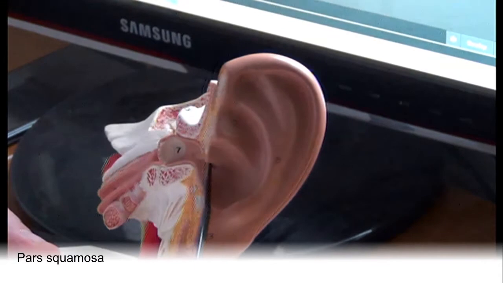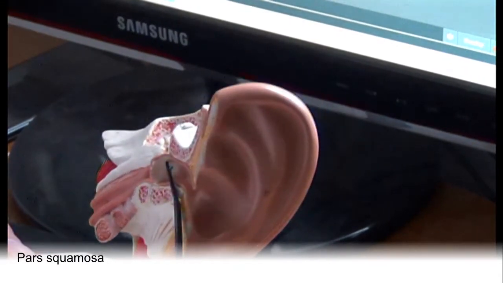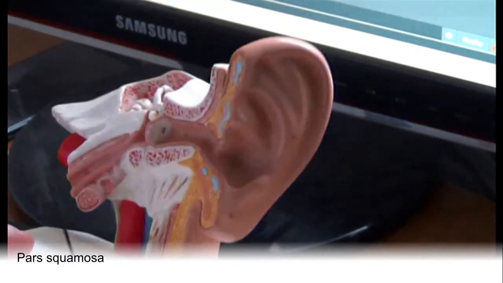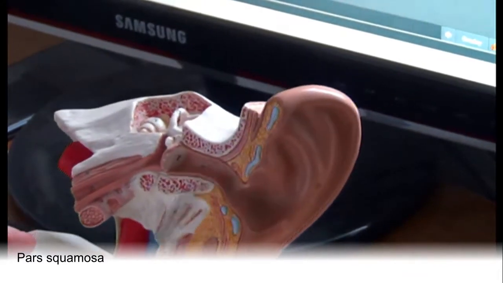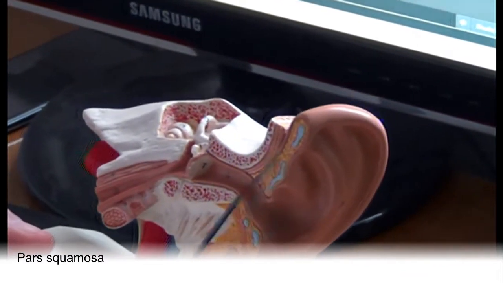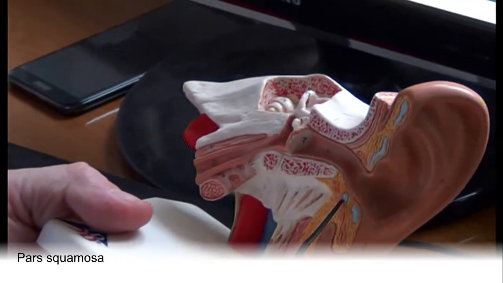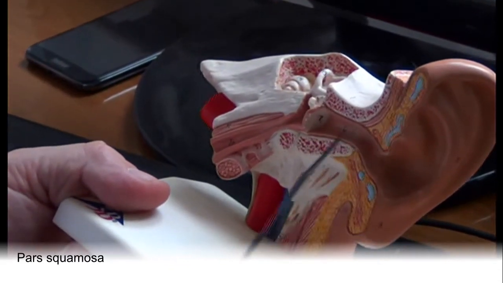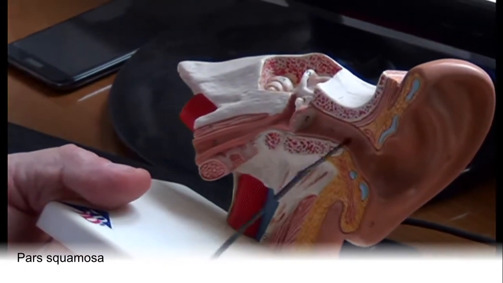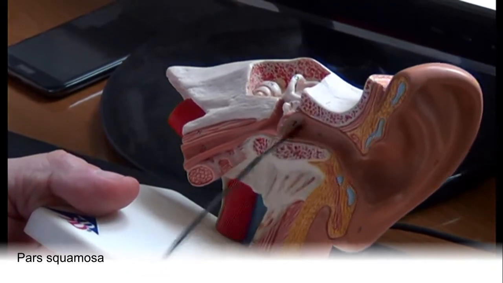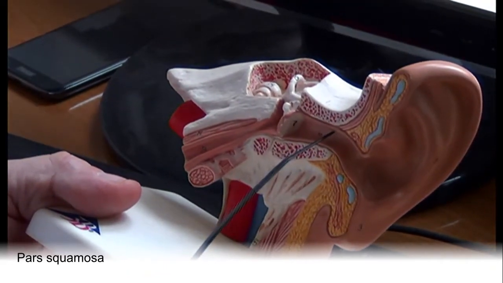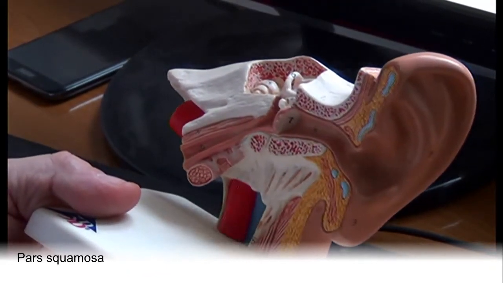So it has 1/3 part from soft tissues, cartilaginous tissue, and 2/3 part from bone tissue.